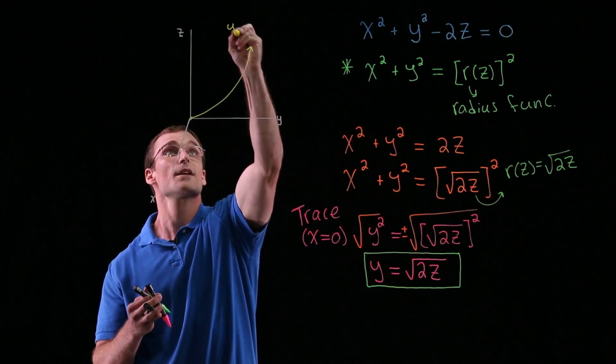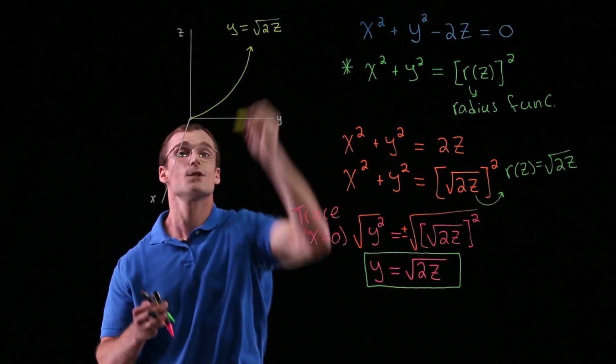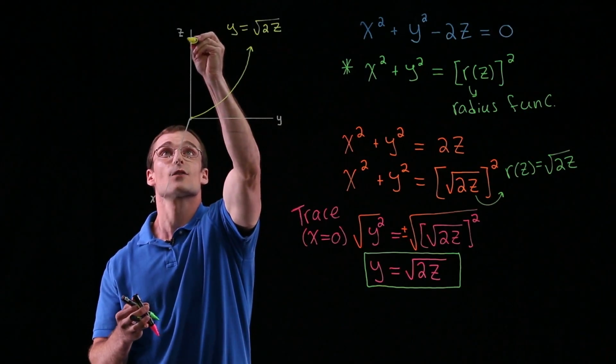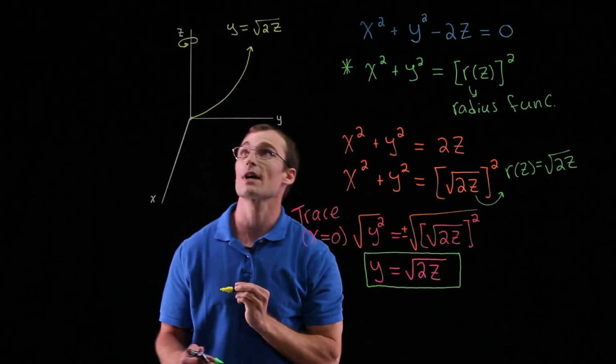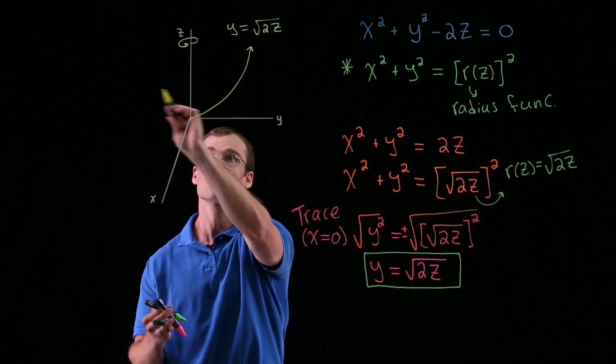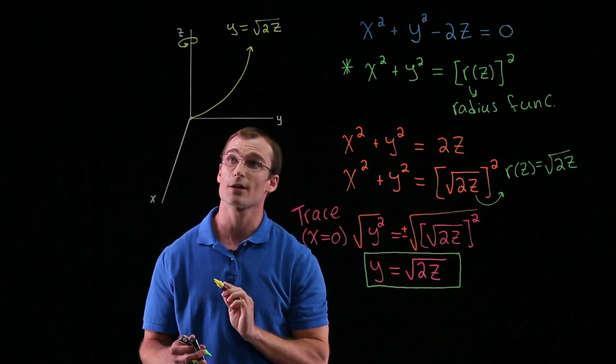So that's our one generating curve, y equals the square root of 2z. And as we said, this is being revolved around the z-axis. If we revolve this around the z-axis, we get some type of three-dimensional cone or bowl shape.